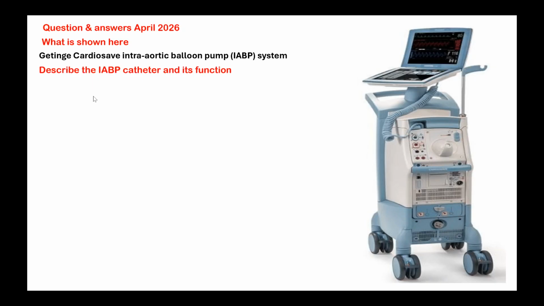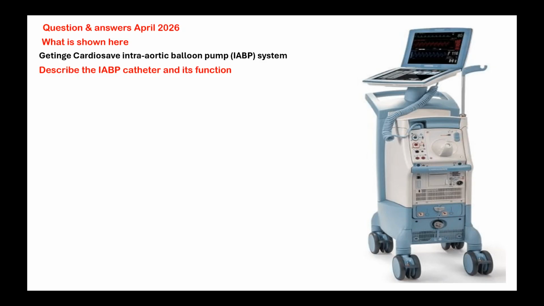And what is the IABP catheter? Describe the IABP catheter and its function. What is the role of this IABP catheter? It's a balloon, no? The name itself says balloon pump. So you have to inflate and deflate a balloon.